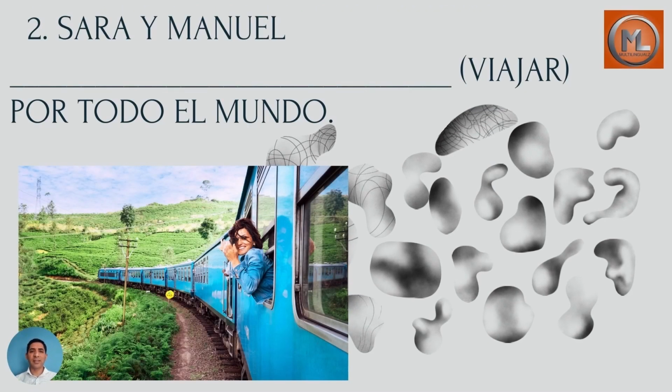Now this sentence, Sara y Manuel viajar por todo el mundo. Sara and Manuel travel around the world. What would be the conjugation for viajar? Again, another verb with the first conjugation, and we have to bear in mind that Sara and Manuel are they, right? So it's ellos.